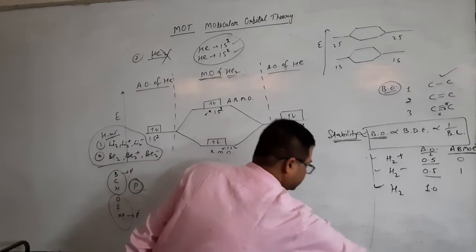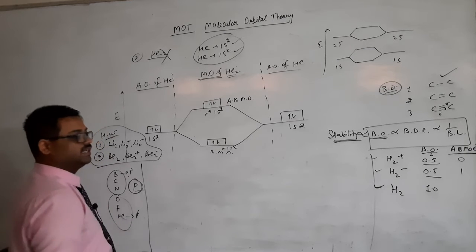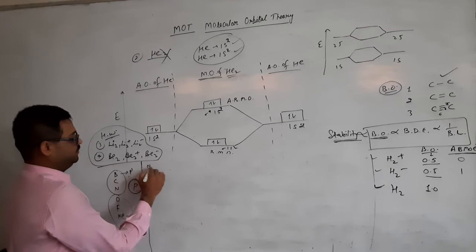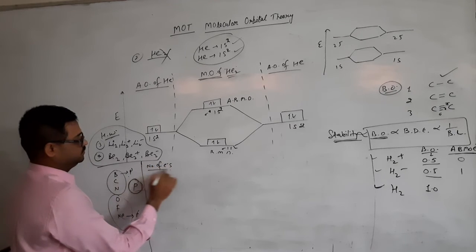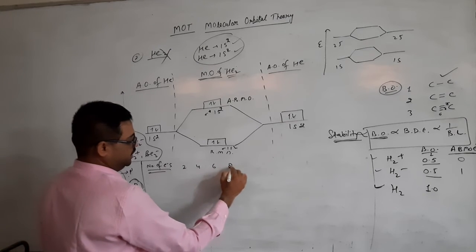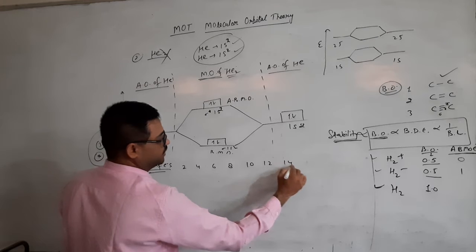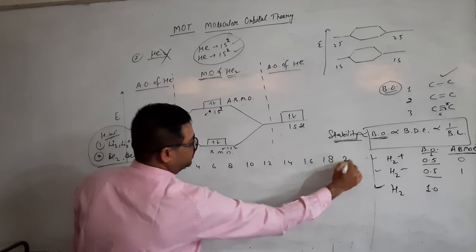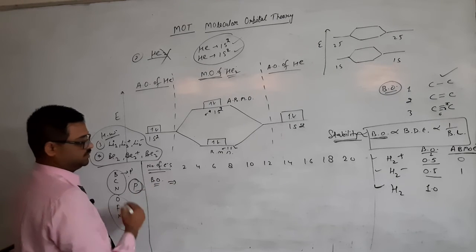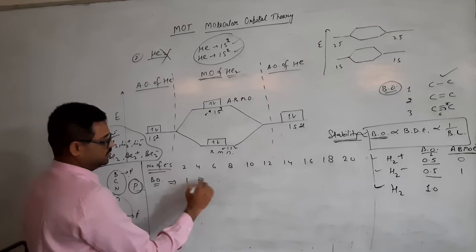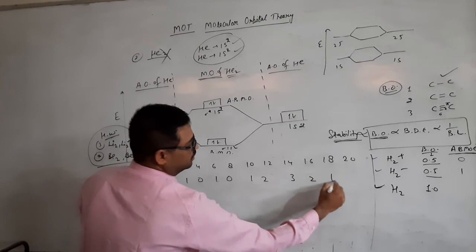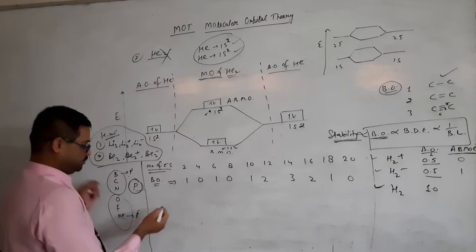That is a very simple trick, because in our syllabus up to IIT and NEET examination, if the number of electrons is 2, 4, 6, 8, 10, 12, 14, 16, 18, 20, then you can directly say the bond order.